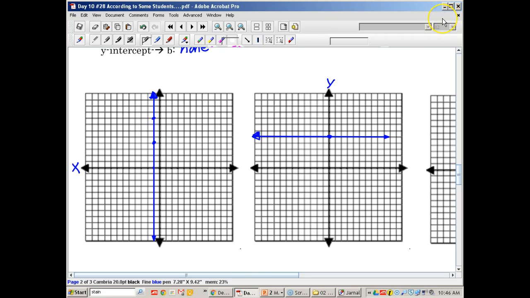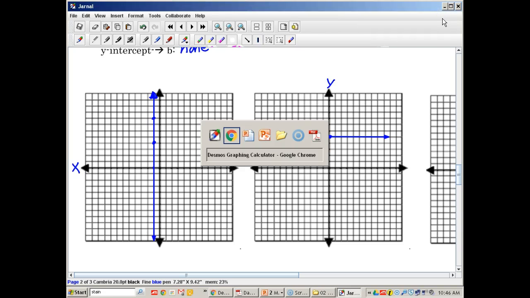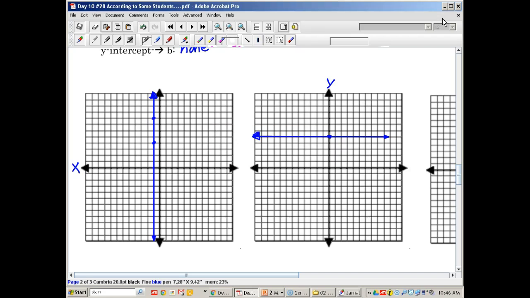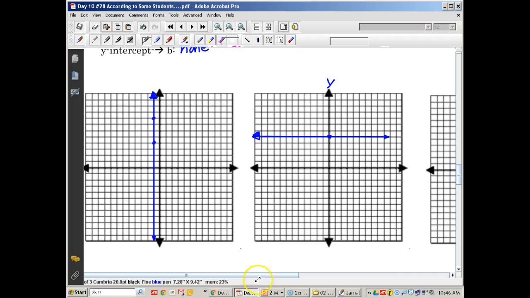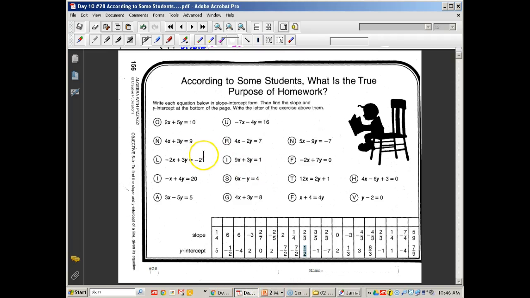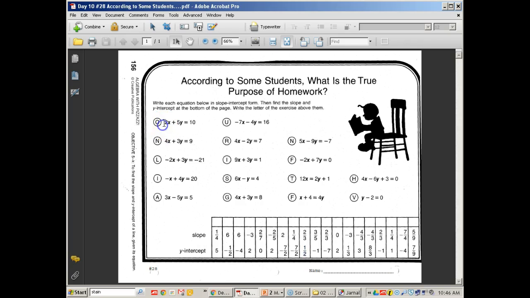Your homework looks like this, in which you just need to take the equation, write it in slope-intercept form, and identify the slope and the y-intercept down here, and then put the letter.